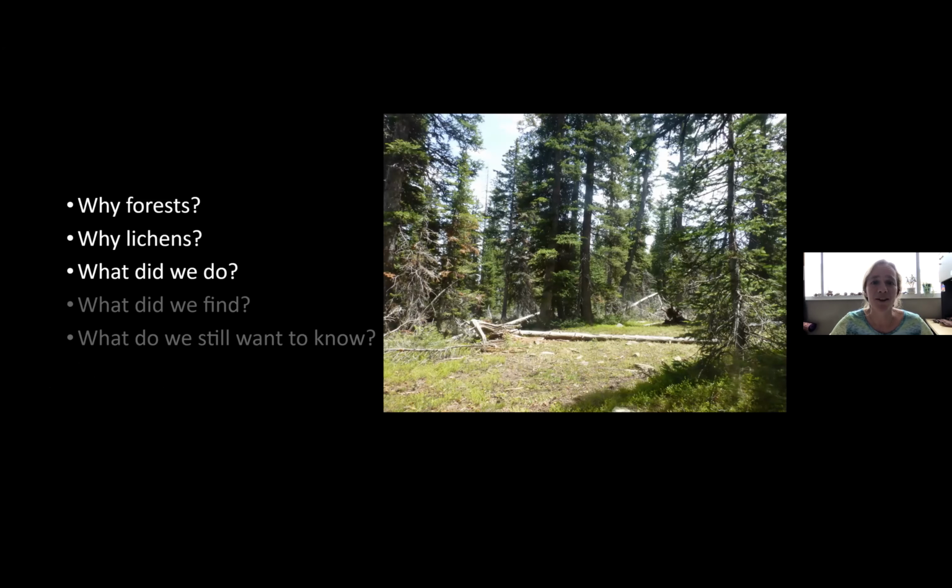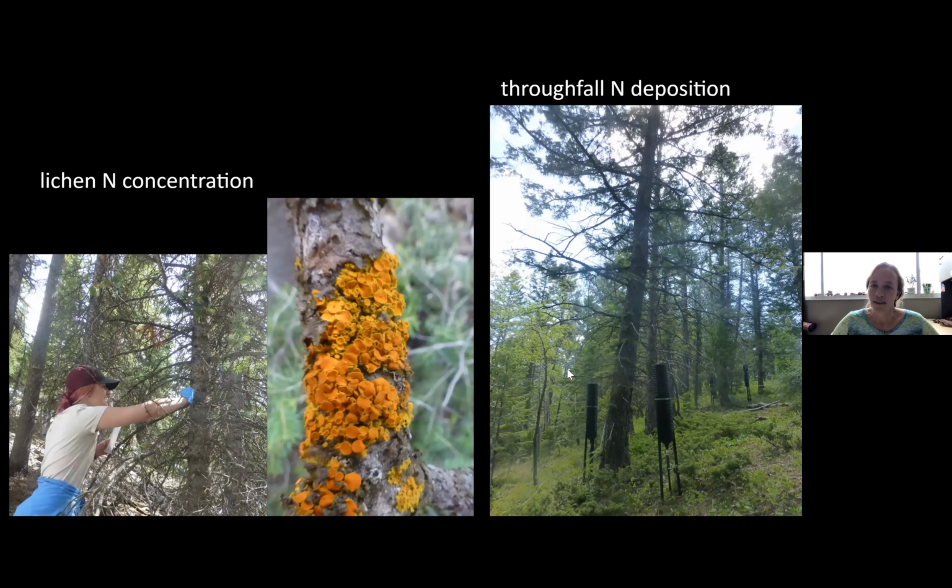All right, so let me tell you what we did to set this up. At different sites, I'll show you on a map in a minute, we set up these throughfall nitrogen deposition collectors. So let's look at these. These are under the trees, and nitrogen is coming into the forest through the rainfall and also through the dust and particulate matter landing on the trees' needles and being washed down into these collectors.